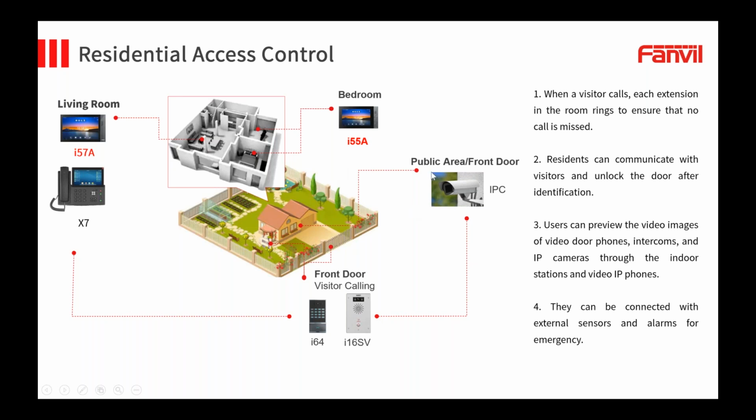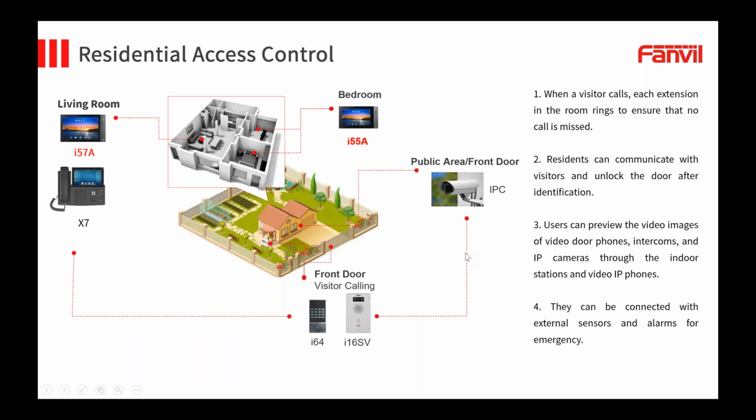For the public area or front door, you can also use the IP camera you already own and link it with Fanvil's indoor monitors or IP phones. It is compatible with these models or IP camera protocols.